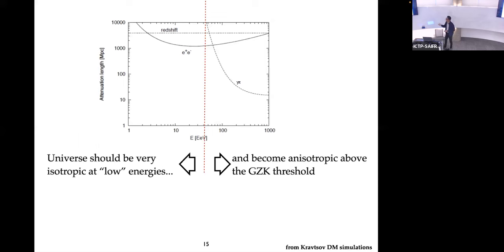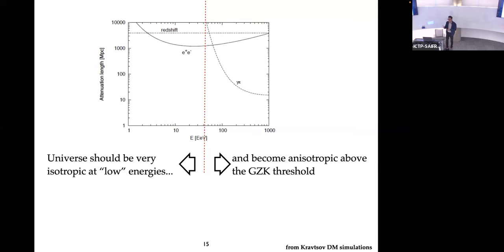But that suppression has a well-defined impact on our results, because if these resonant interactions are really happening, it means that the mean free path of a cosmic ray above 10 to the 19.5 eV becomes really short.